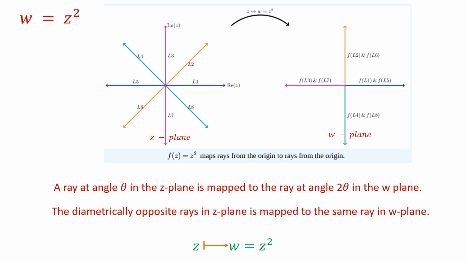Similarly, L2 and L6 are mapped in the W plane as f of L2 and f of L6 in the imaginary axis. Likewise, we have L3 and L7 and L4 and L8. That is, the diametrically opposite rays in the Z plane are mapped to the same ray in the W plane.